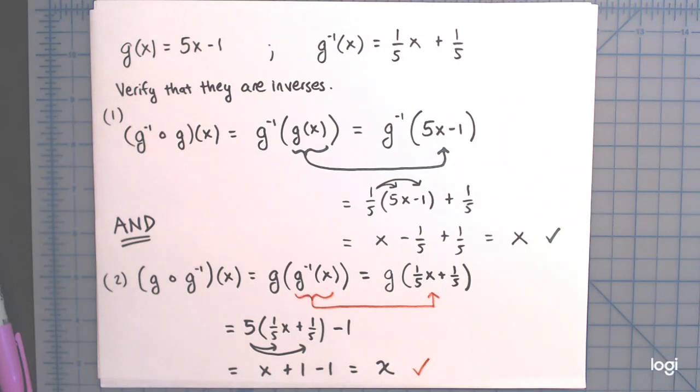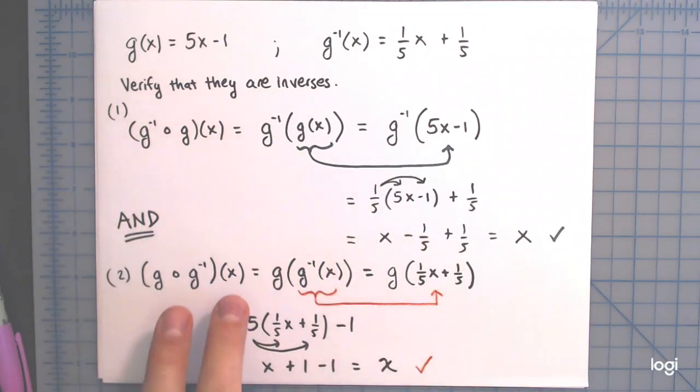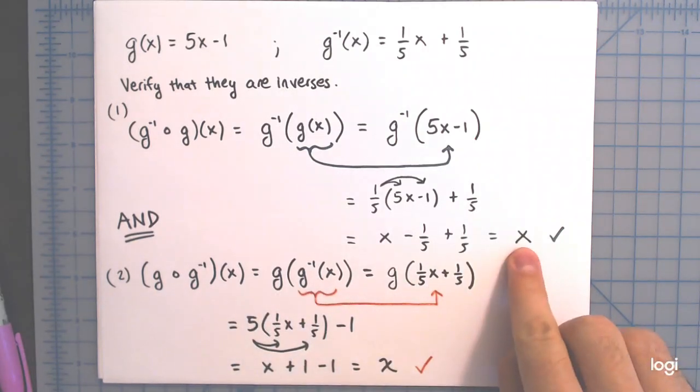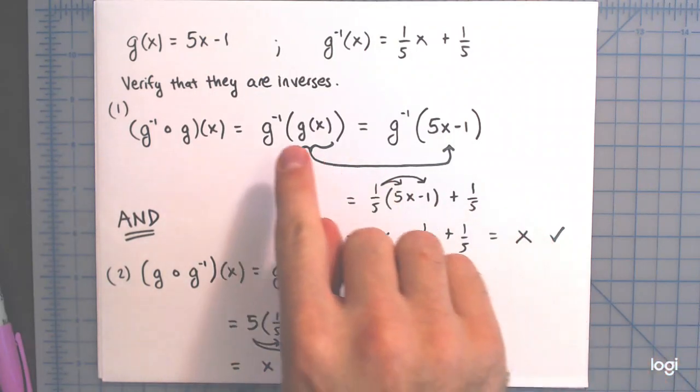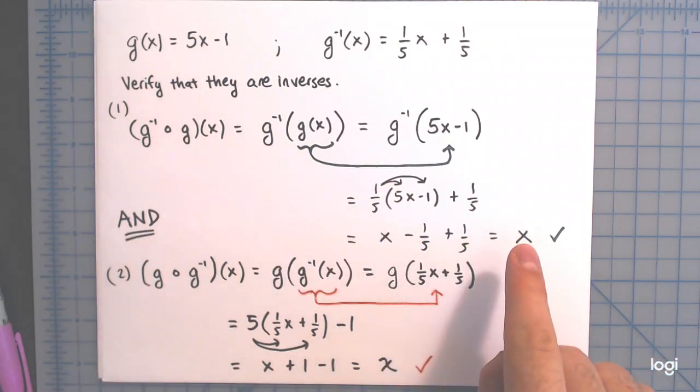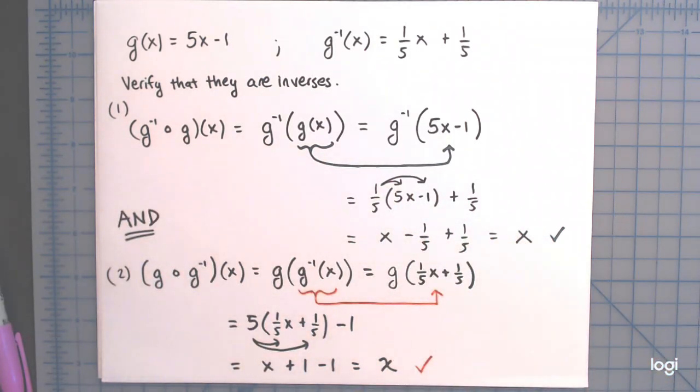It works in both directions, right? When I compose these two functions in both directions, they undo one another, and I'm left with the input I started with. It goes through the process and takes me right back to where I started, the value of x. Same thing here. I plug in x and I get back x when composing these two.